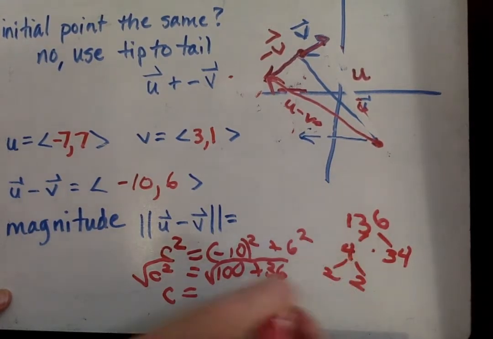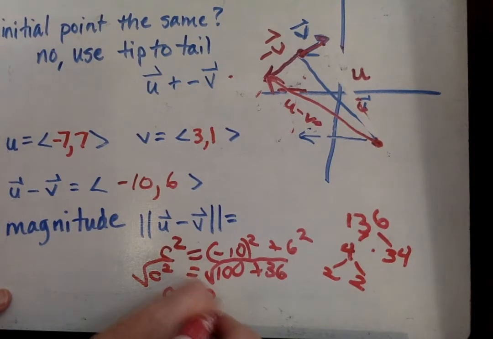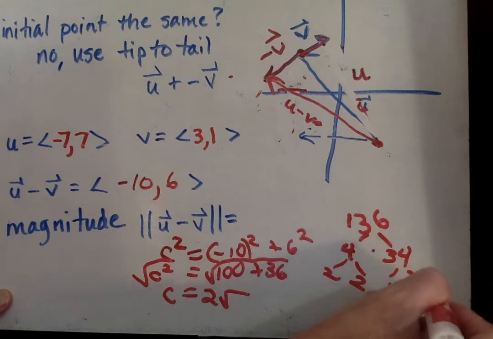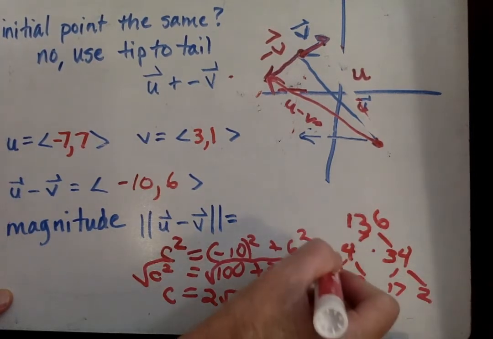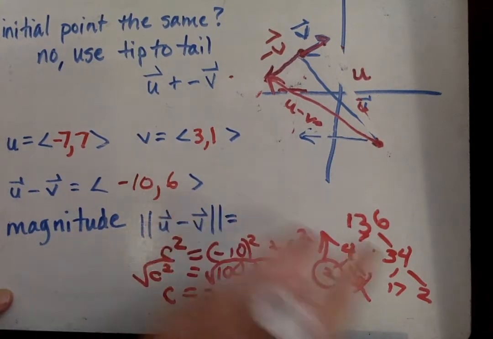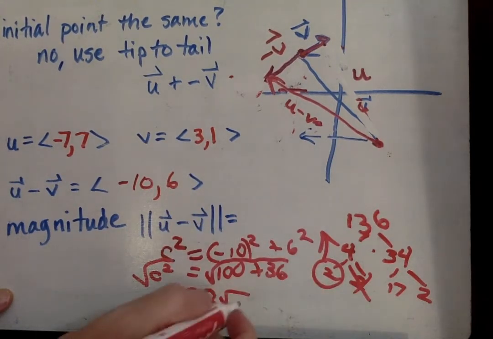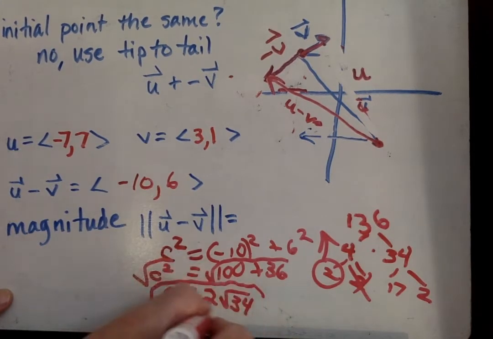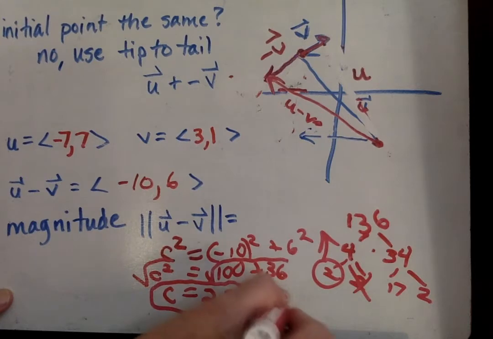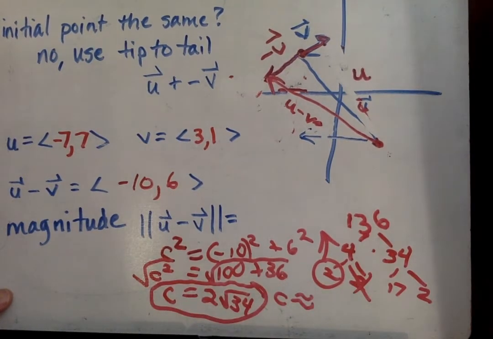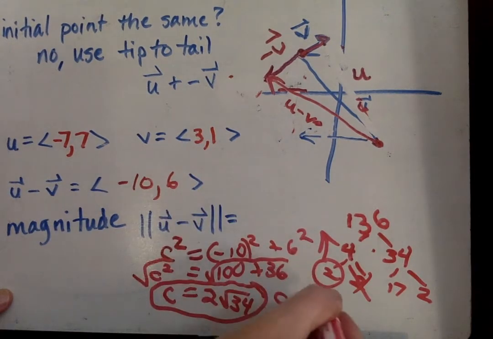Again, it's a perfect square. So it could be 2 square roots of, and this is 17 times 2. Remember, when they have pairs, one comes out, one goes away. So it's 2 square roots of, and then I just multiply 17 times 2 together to get 34. So that's 2 square roots of 34. And then c is also approximately equal to 10.05.